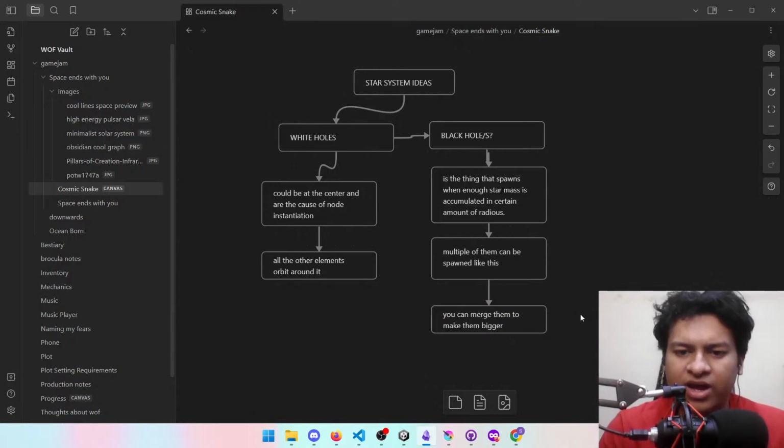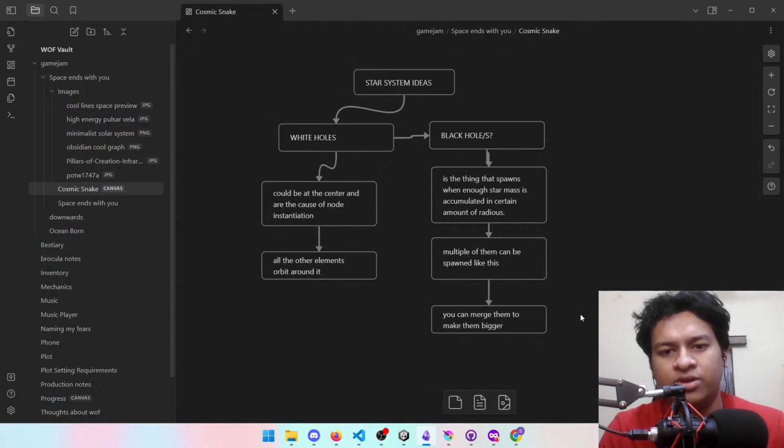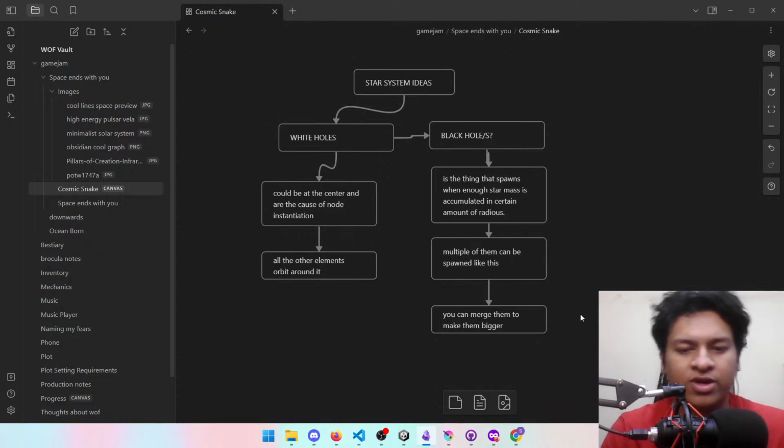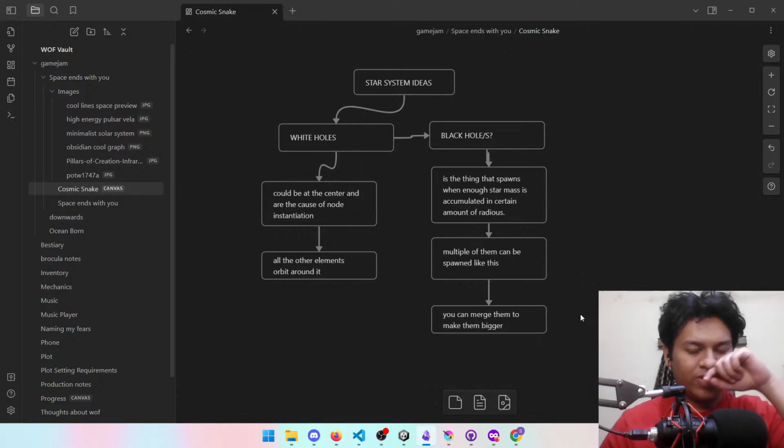You can merge the black holes to make them bigger. They should also interact with the elements around them. The white holes should also move things around them. How do I implement the gravity?